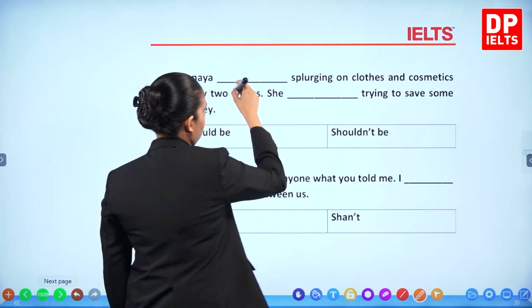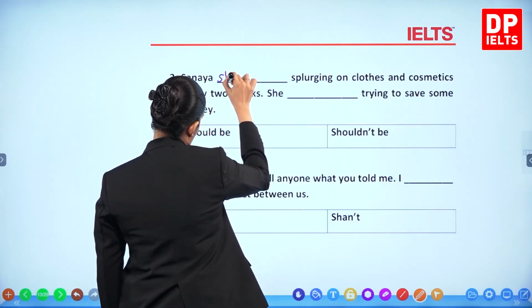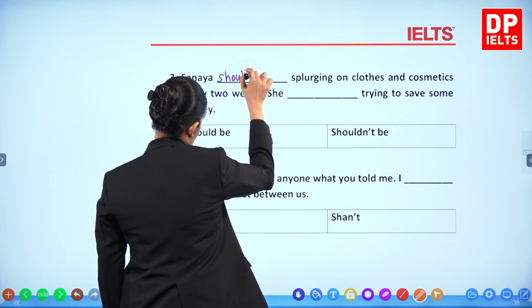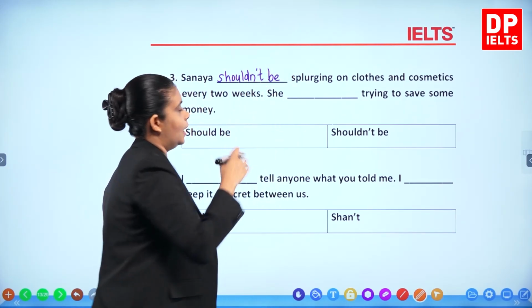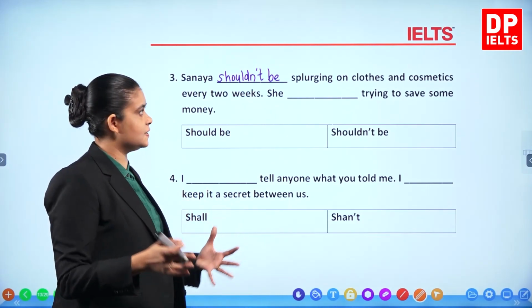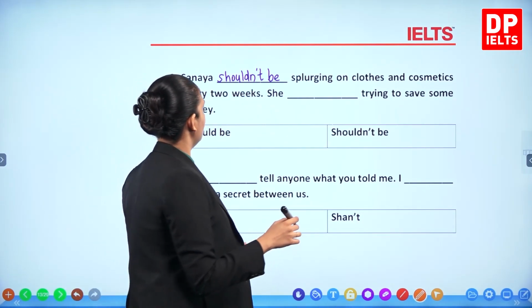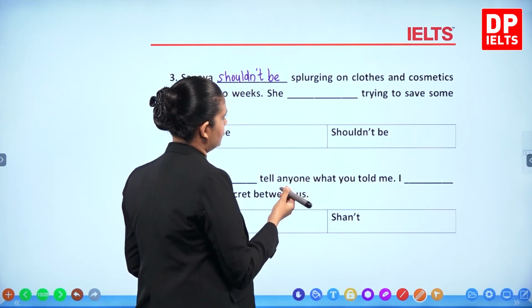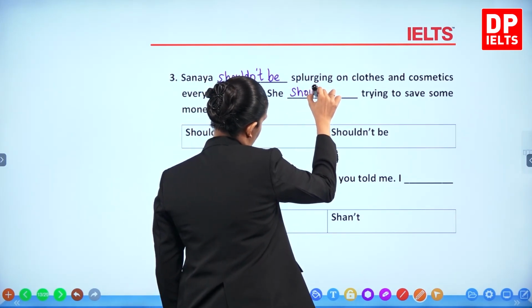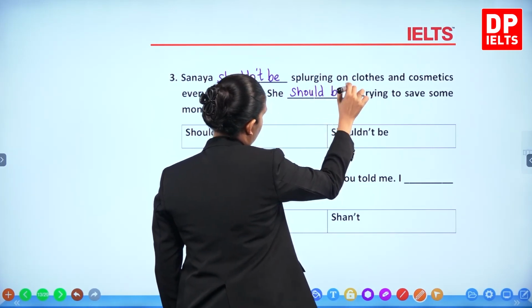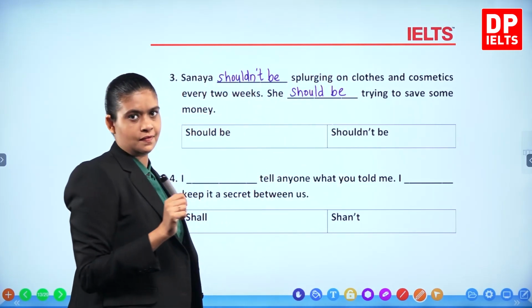Sanaya shouldn't be splurging. That means she shouldn't be extravagantly spending on clothes and cosmetics every 2 weeks. She should be. The positive thing is she should be trying to save some money.